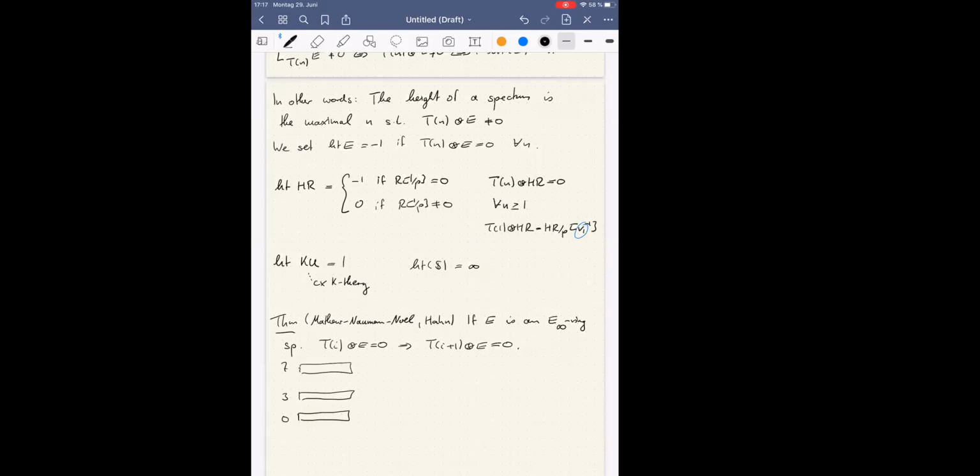But actually, for an E infinity ring spectrum, such nonsense cannot happen. If the T7 tensor E is non-zero, then this must be also true for all the lower Ti. And in particular, this is the original theorem of Matthew Naumann-Noel: if E inverted P is 0, then Ti tensor E is 0 for all i.